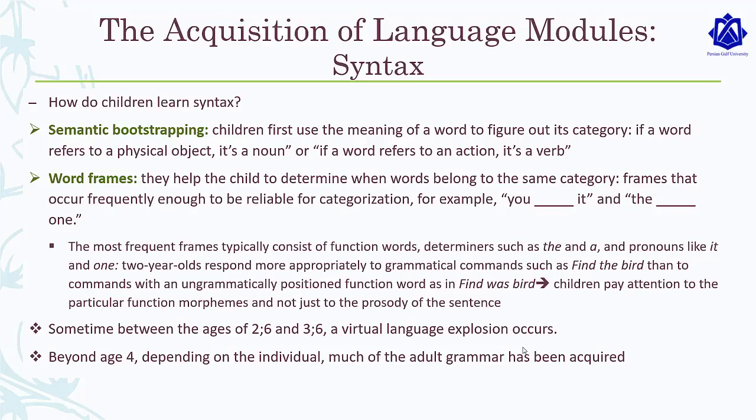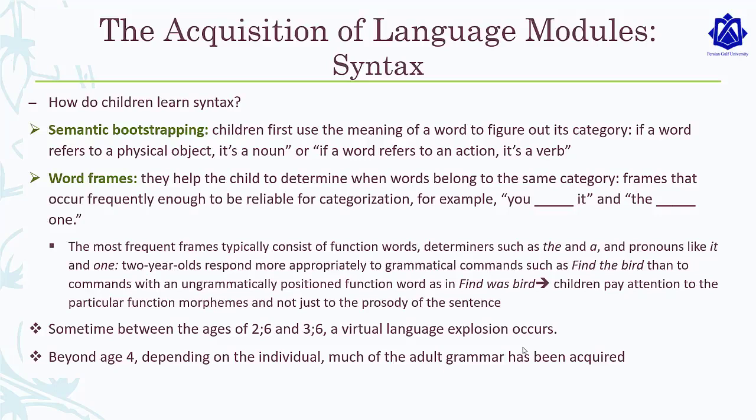However, they do not produce functional morphemes and function words like you, it, there, but they have a knowledge of that, and they show this knowledge in how they respond to grammatical structures compared to ungrammatical structures.